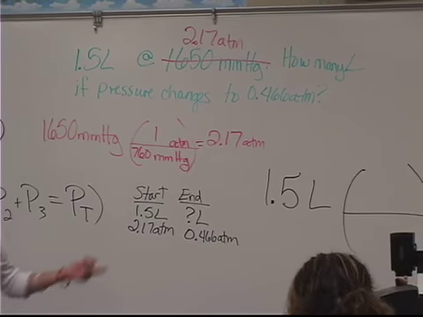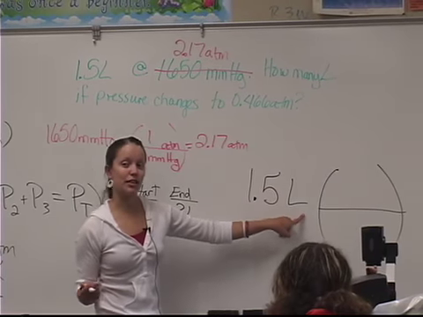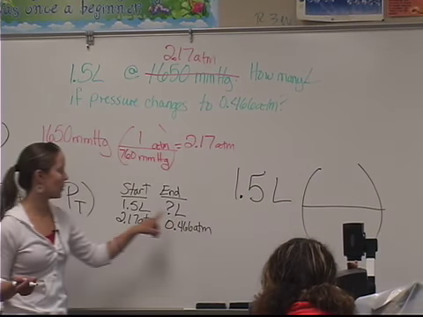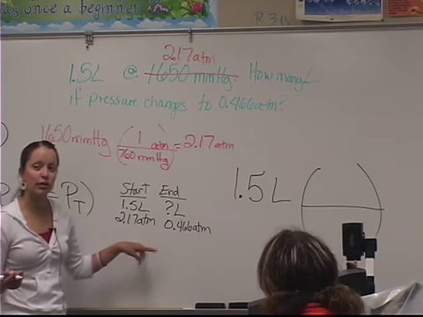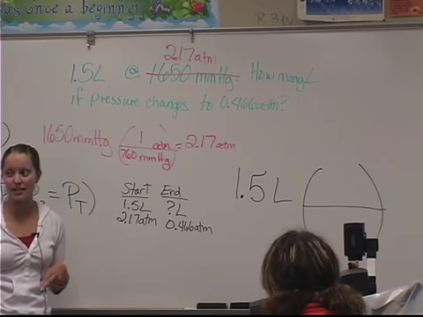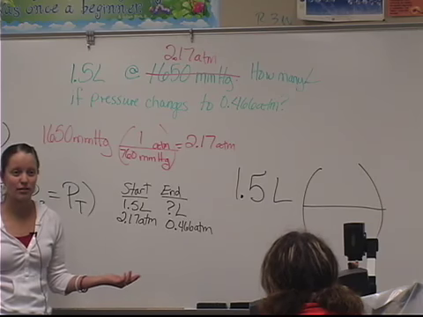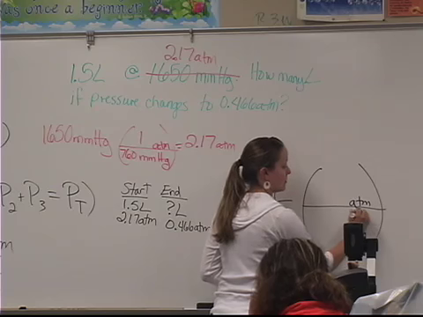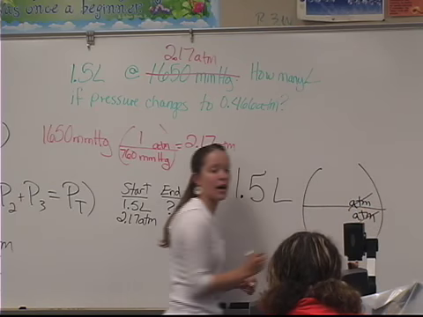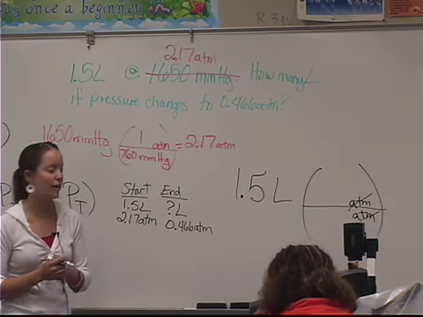Liters. But do we want our liters to cancel? No, because that's what the question asks us to look for. But we have two ATMs. Well, if we put an ATM on the top and an ATM on the bottom, they cancel. So we're going to put the ATMs in the parentheses. One's on top, one's on bottom. So they cancel each other out.